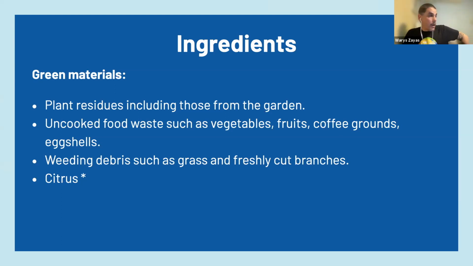We can use weeds and debris, such as grass or fresh cut branches, everything that is still green. We can use it as a green material to add to our piles.